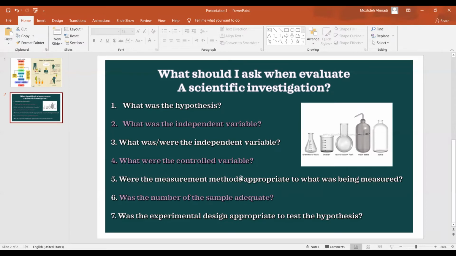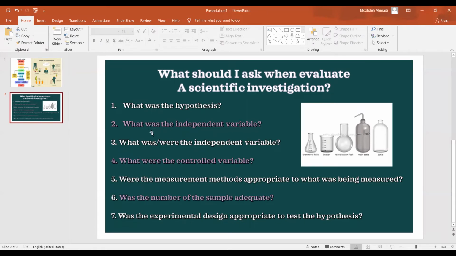Okay, and the second question that is really important is, what was the independent variable? You should pay attention to this, that for the independent variable we use the word was, right?